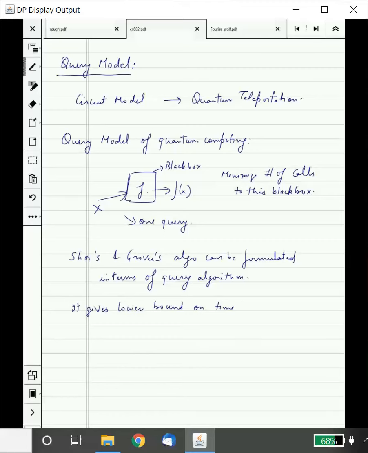In many cases, that bound is pretty good, and that's why we are interested in finding the query complexity of functions. What do I mean by finding the query complexity of a function? This is what we want to describe. This is the target for this video.